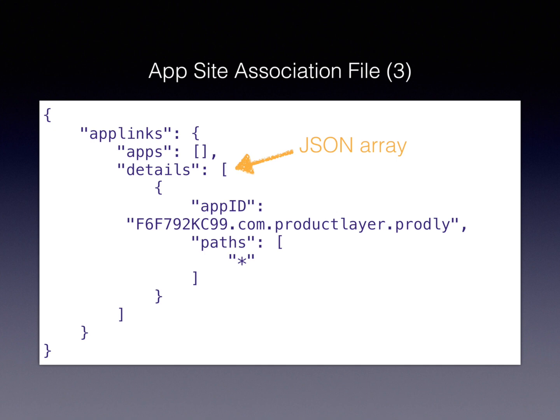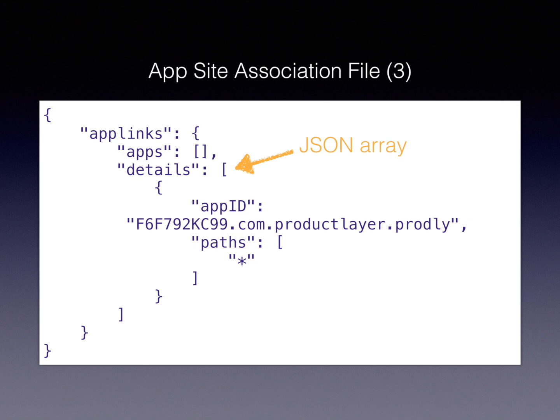In this case, I only have one app, product layer Broadly, and the paths are all asterisk. But conceivably, if you had multiple apps that are more or less representing different parts of your website, you could restrict the paths to specific app IDs.